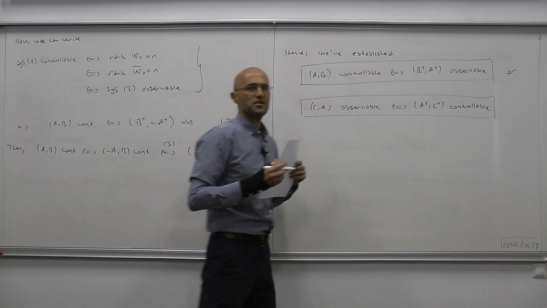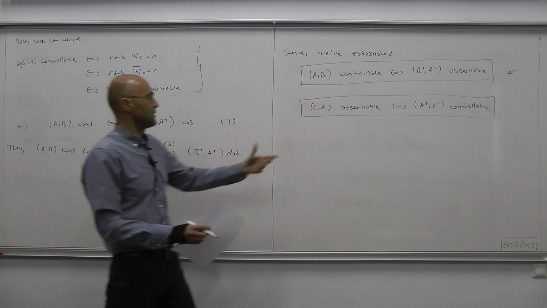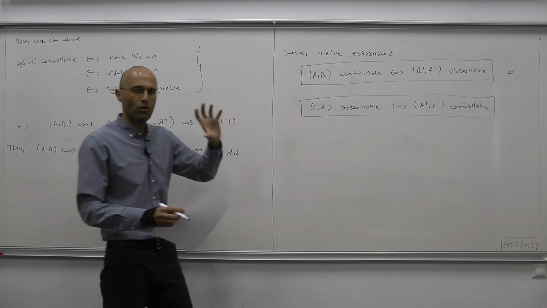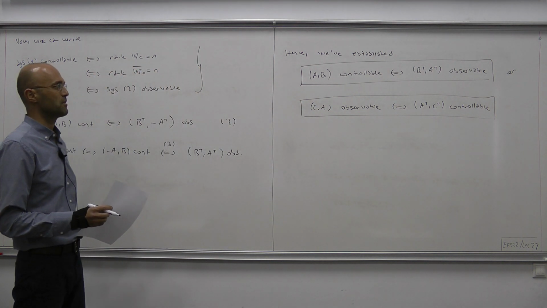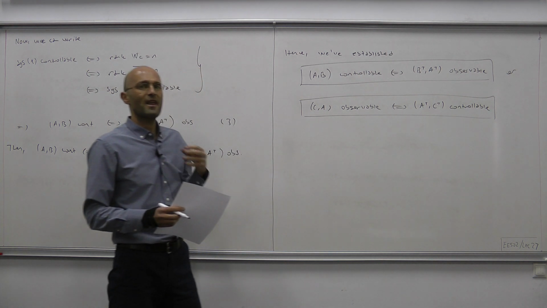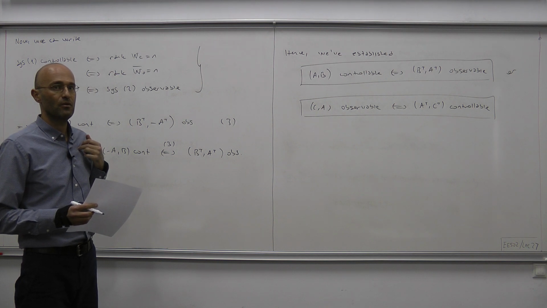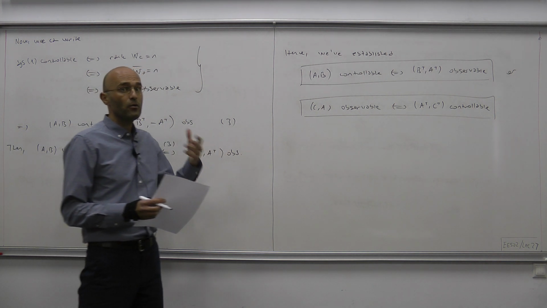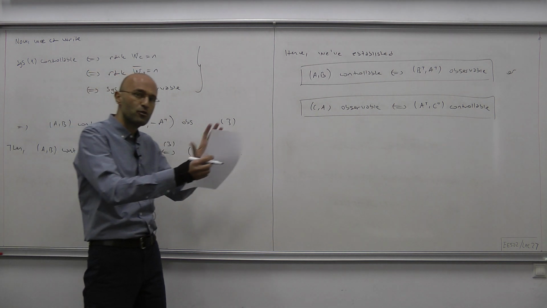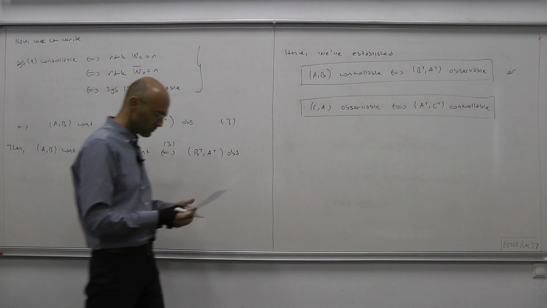Because of this relation between the observability and controllability of transposed systems, these two concepts, observability and controllability, are said to be dual concepts for LTI systems. Okay, so as far as I know, that duality doesn't have a natural extension to the nonlinear domain.